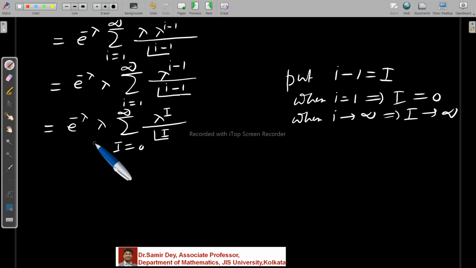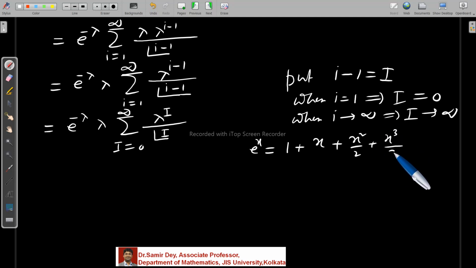Okay, very good. So already you know what is e to the power x. e to the power x is basically 1 plus x plus x square by 2 factorial plus x cube by 3 factorial plus dot dot up to infinity.